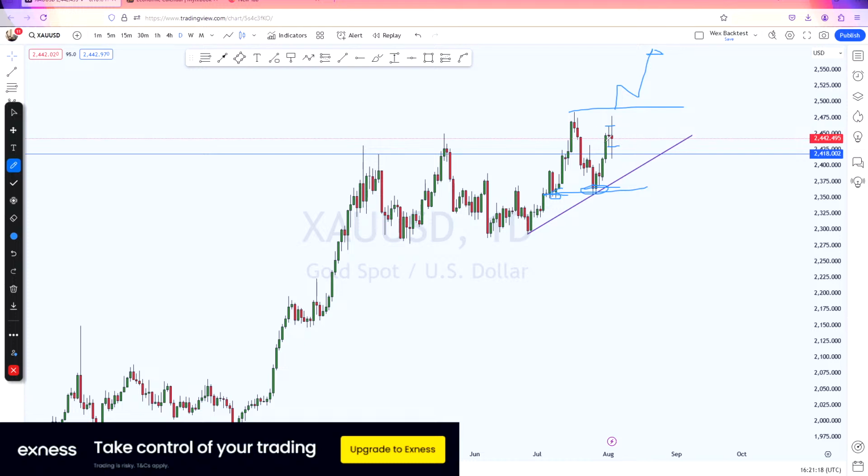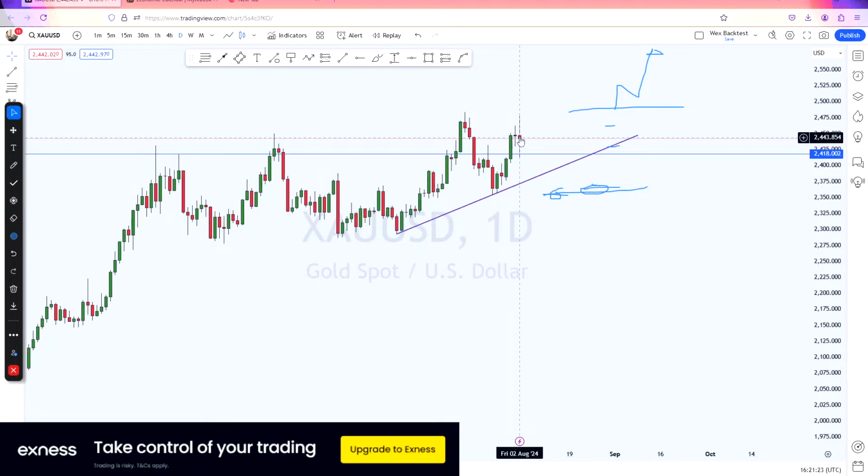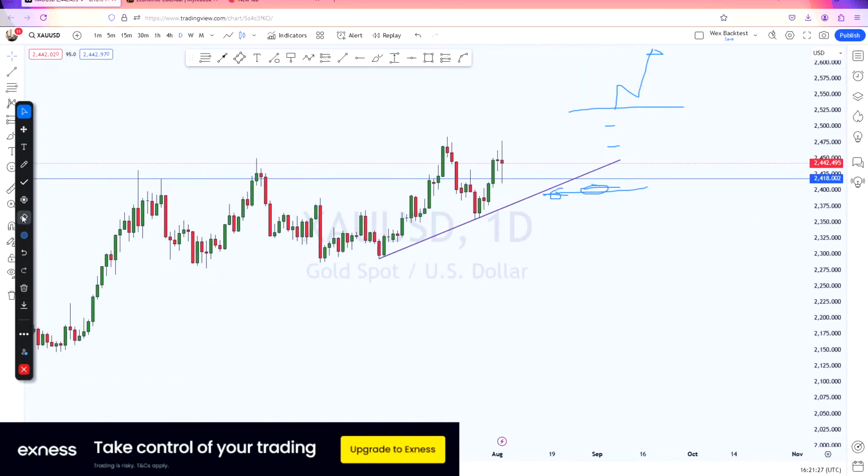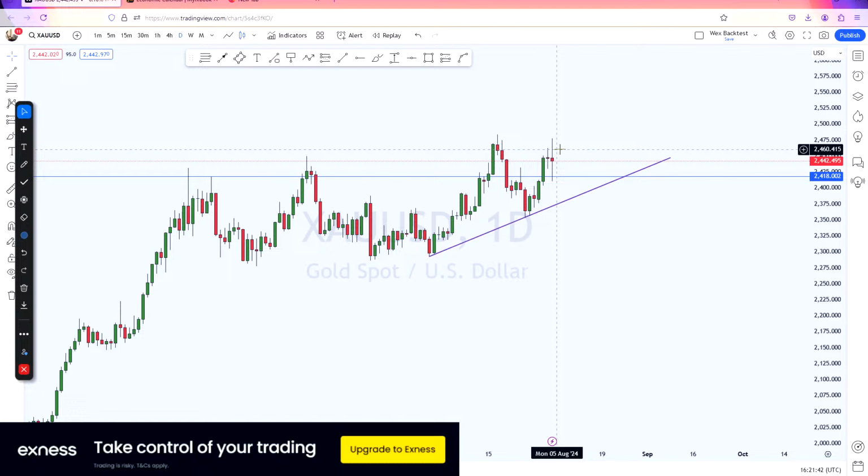If you take a critical look at this candle, let's zoom into it, both the upper and the lower wick are almost of the same height. So basically this is an indecision candle on the daily.